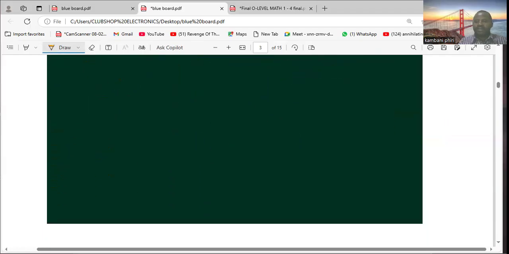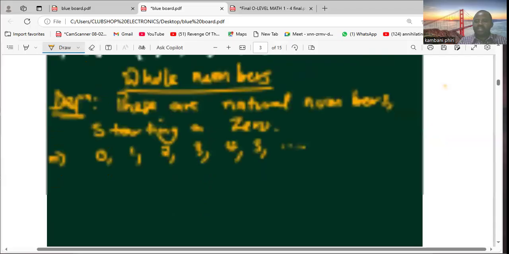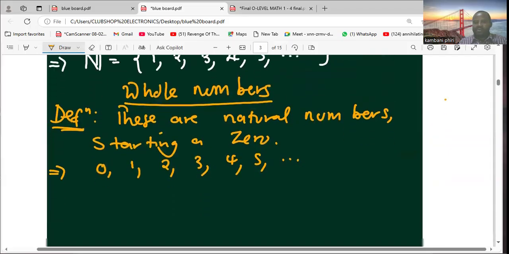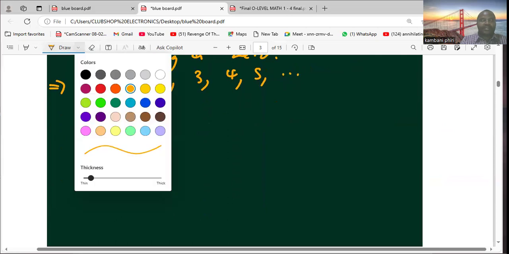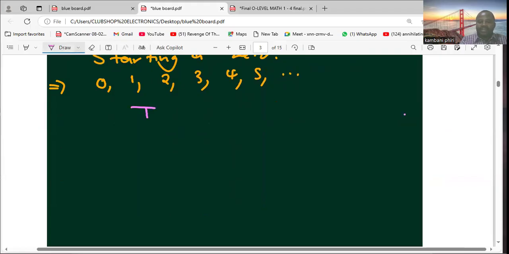The next set of numbers that we may need to look at is what we call integers.